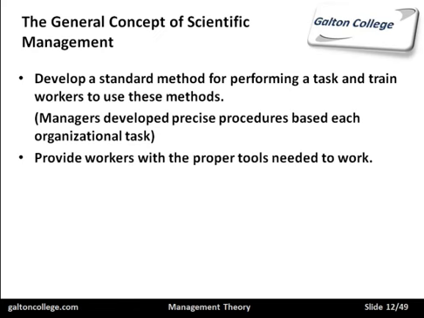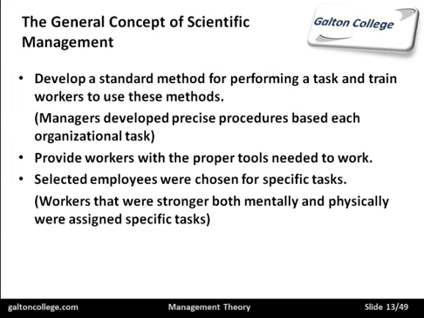Obviously the workers would have to be given the proper tools and training to give them a fair chance, and they would have to have incentives to work. Also, the employees would have to be selected for particular tasks. They just couldn't be picked randomly and given a task. The task would have to be studied and matched against the abilities, skills, aptitudes, and personality of workers.